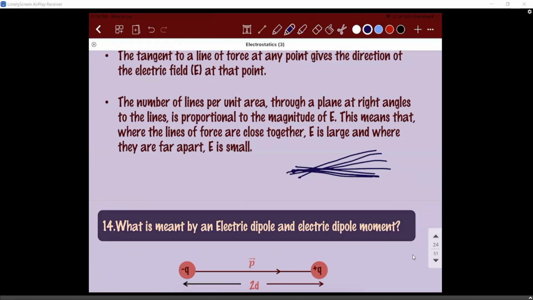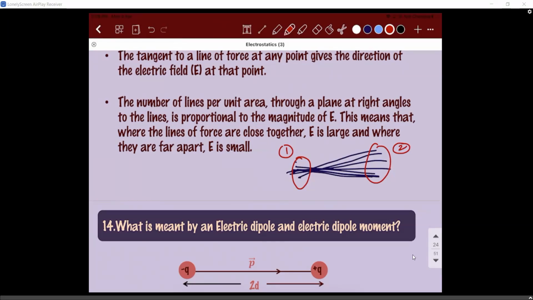If you look at this kind of a stuff, look at point number 1, and look at point number 2. If at both the places I consider the same area of cross section, then where is the density of field lines more? Obviously at 1.